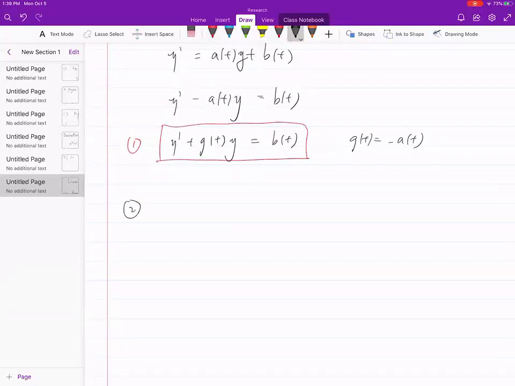Step two. What we want to do is we want to times a mu: mu y prime plus, let's write it more clearly, mu(t) g(t) y equals mu(t) b(t). This mu(t) is called the integrating factor.